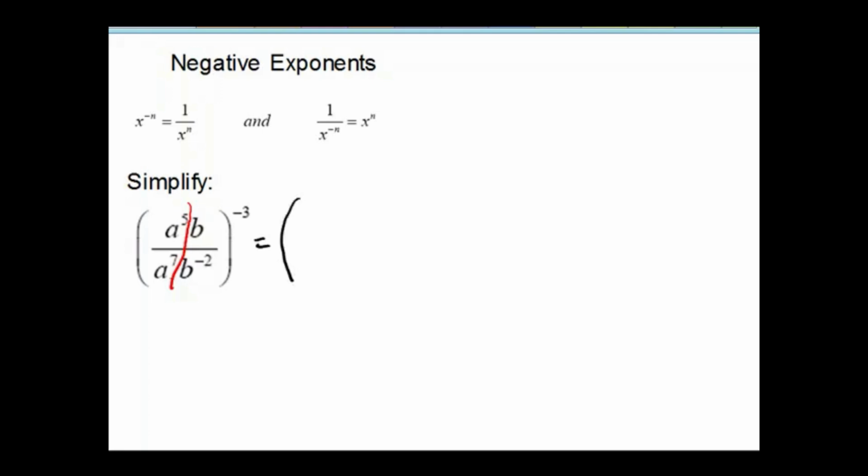So first of all, for our a's, we have a fraction form. Your rule is keep the base and subtract. So we have a to the 5 minus 7 gives us a to the negative 2, which is going to make it go to the denominator. And we won't write the one right away.